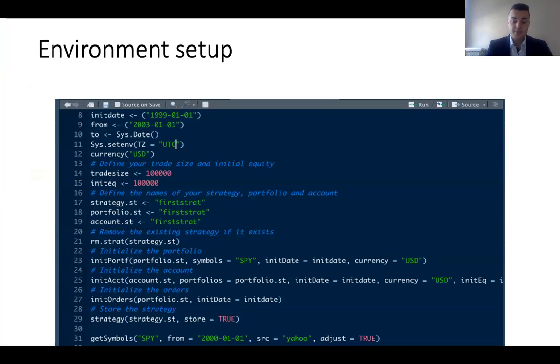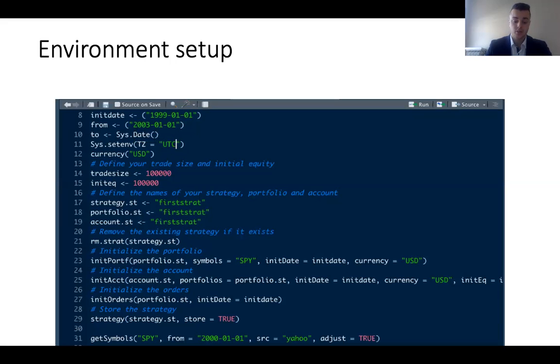There are some basic steps that we do to initialize our portfolio. At the beginning, we need to set the time frame for our backtest. As you can see from the code below, it says from 2003 until today. The Sys.Date stands for today, so every time we run the program, the data will be updated.